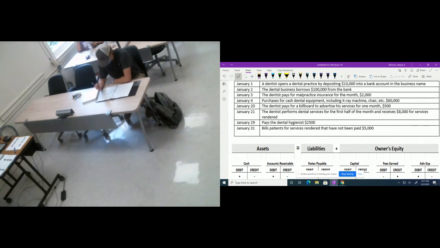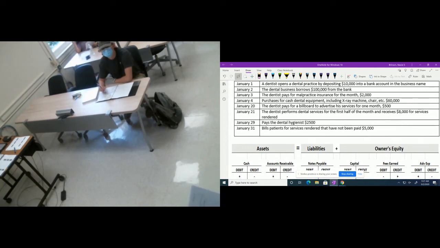You've got your accounting equation across the top, and it looks the same as it did before, except I had some boxes around some stuff. So we're looking at a dentist office and their transactions for the month of January.